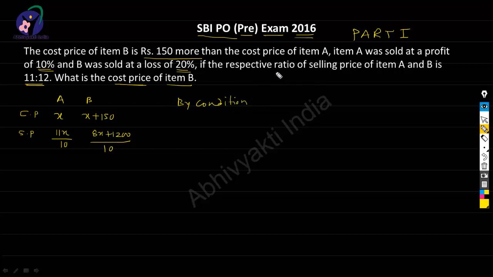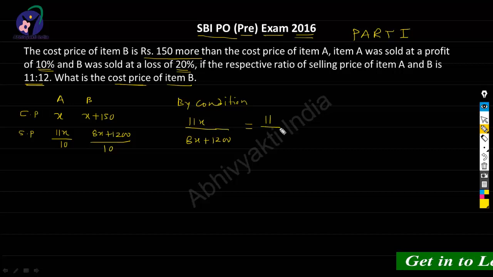What is the condition? The respective ratio of selling price of item A and B is 11:12. So this is the selling price of item A, this is the selling price of item B, and therefore their ratio will be 11x upon 8x plus 1200, that is equal to 11 by 12.